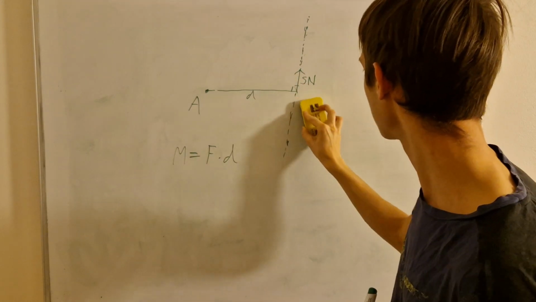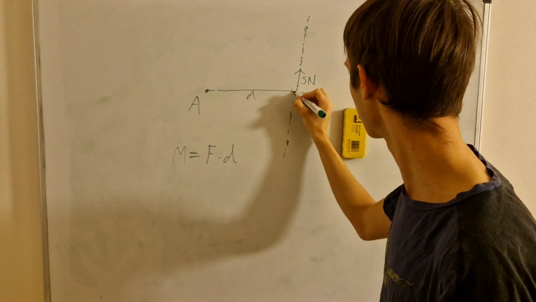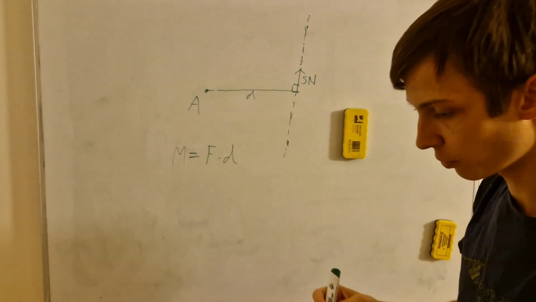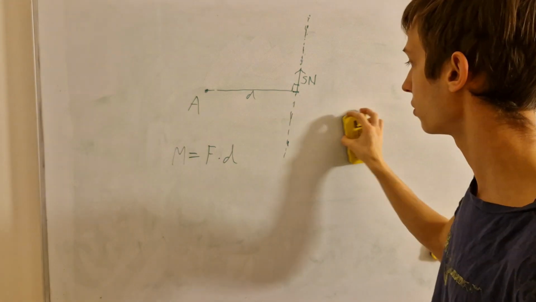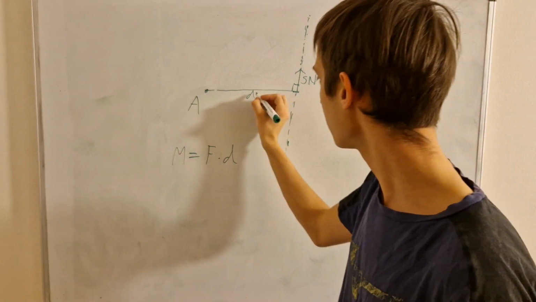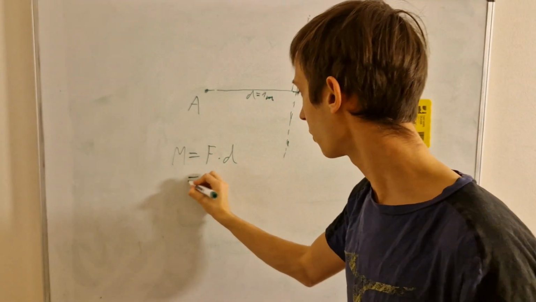So to finish this calculation, we realize there is a perpendicular distance from the force to the point, and multiply it by the force's magnitude, which is 5 newtons. If this distance is 1 meter, then I simply plug it in.